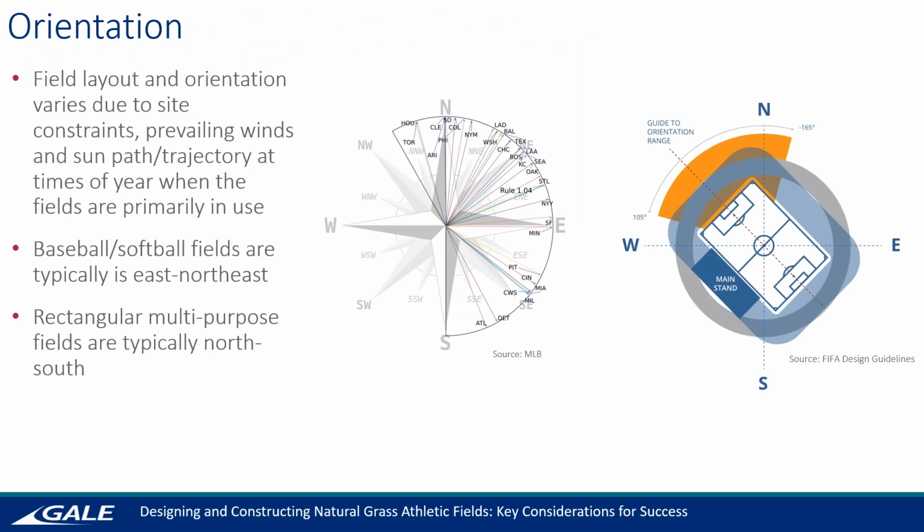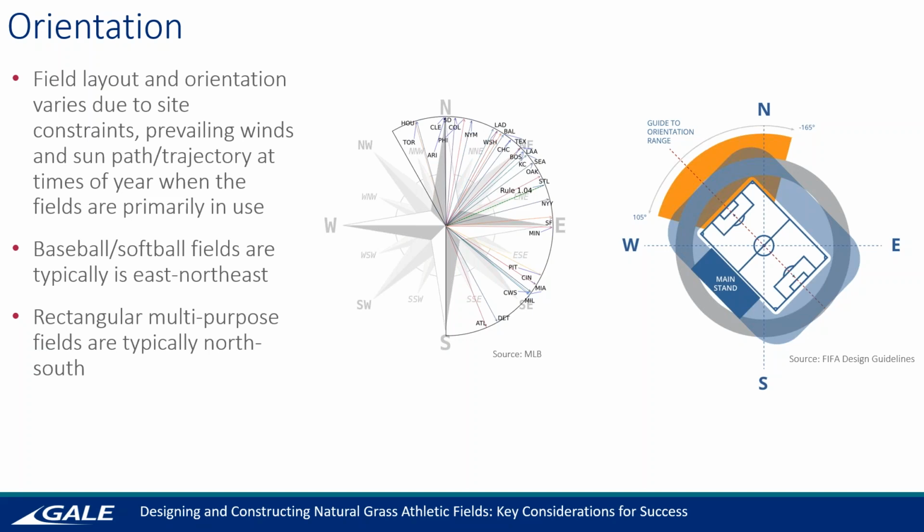So, orientation. I'll just jump a little bit. The far right image you have here is taken from one of the FIFA design guidelines. It's just a rectangular field orientation footprint. Typically in the United States, here in the Northeast and Northwest and everywhere in between, we want to keep in between a north-south direction, slightly to the north-northwest.